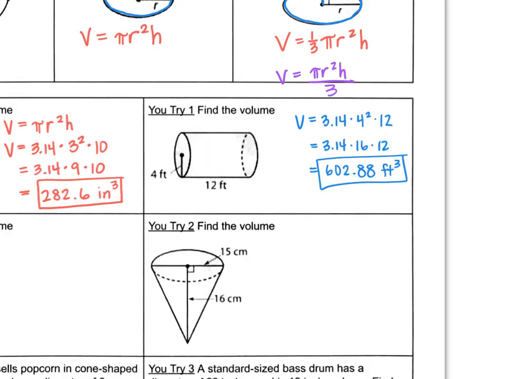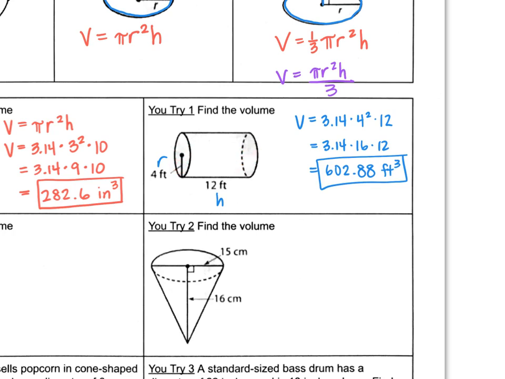Here's a solution for the first you try. As you can see, I plugged in my radius of 4. I forgot to label it on my picture. That's the radius. 12 is the height. And if you weren't able to see it, if you rotate the paper over, you'll see that this circle is either the top or the bottom, and then this is the top or the bottom.